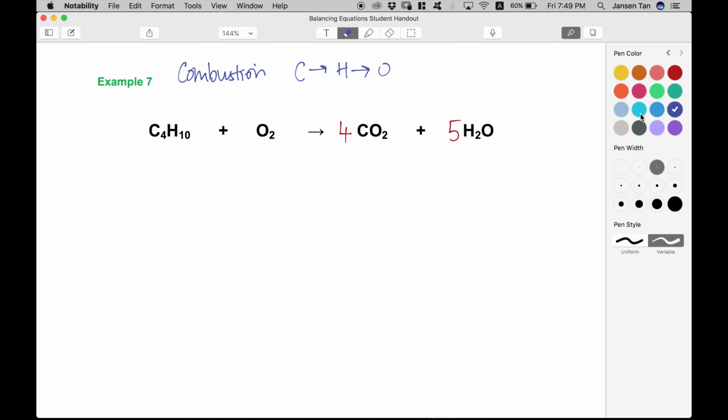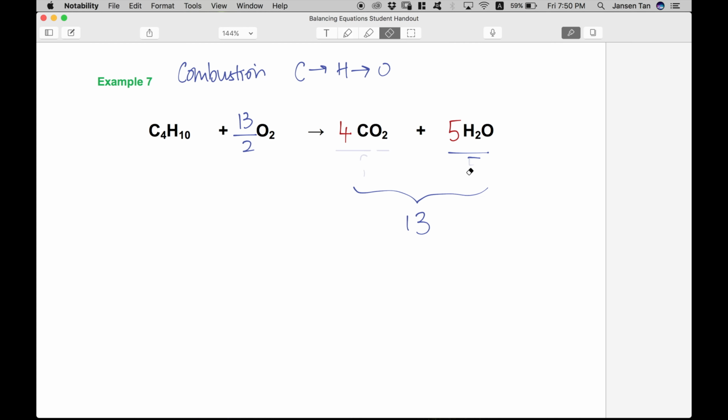The last one is to count oxygen. Here I have 8 and here I have 5. Total here is 13. So what number should we put here to get 13? What times 2 gives you 13? The answer should be 6.5, or you can write it as 13 over 2. So again, we cannot have fractions in the final answer.